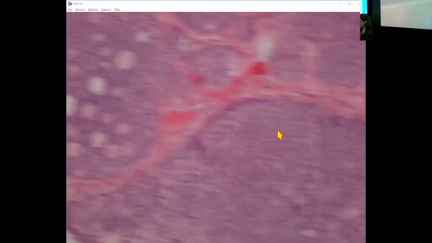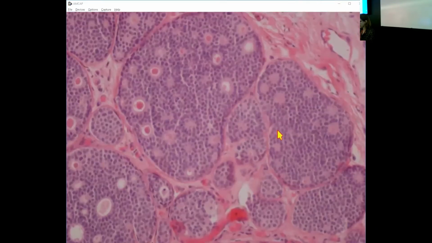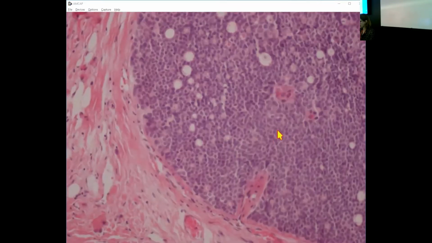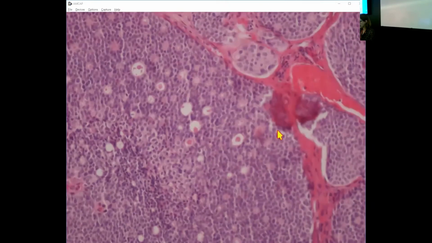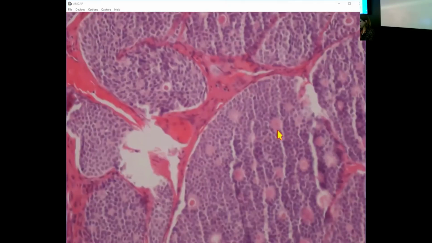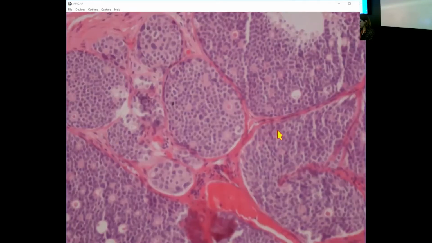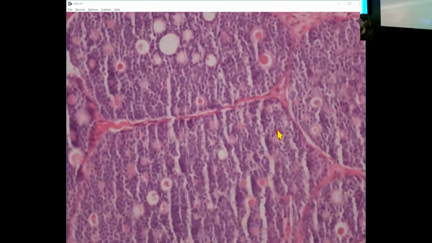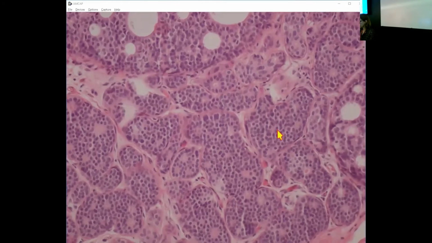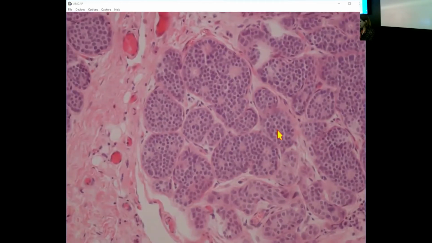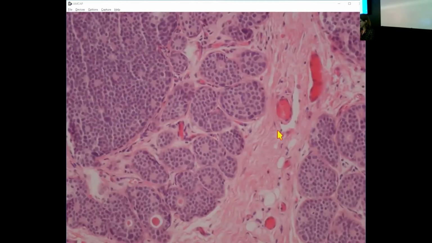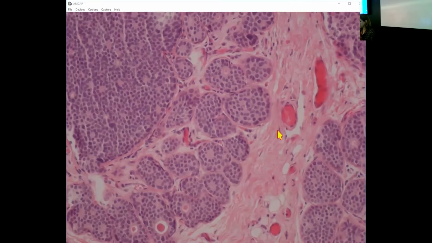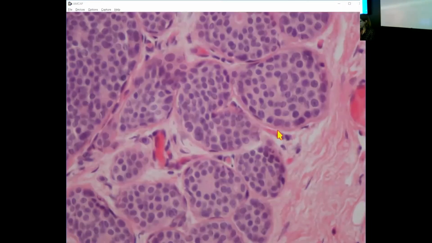So the epithelial cells are really nicely polarized. It's low cytologic atypia in most of the spaces. And one of the other features of low-grade lesions is you can get this mosaic pattern of the epithelial cells. You can see the cell borders very nicely.